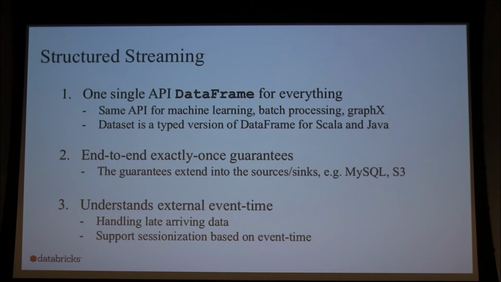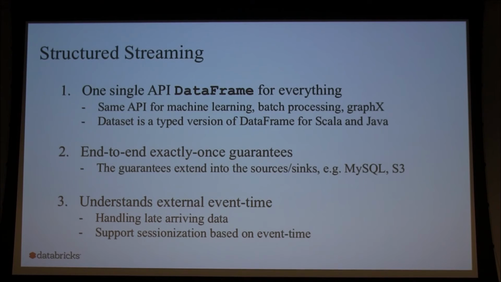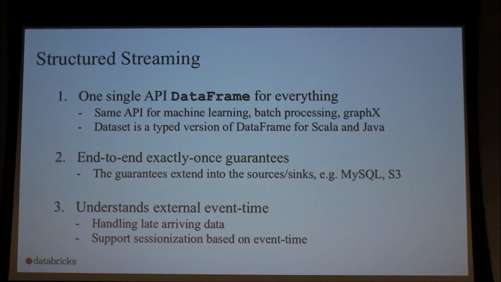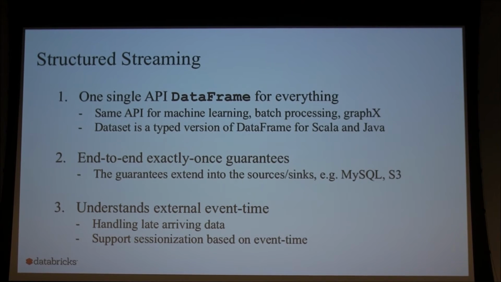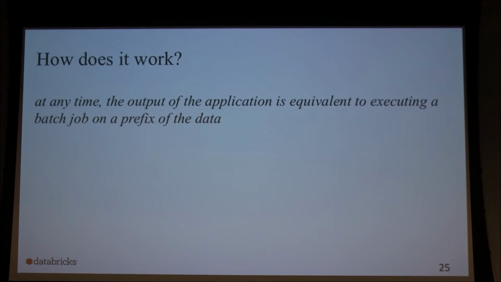And then, of course, understanding the external event times. This is something a little bit different. We'll talk about how we manage that out-of-order data, and I think it's quite interesting the way we've approached it. To your point, at any time the data is constantly changing, so what we try to do is set up paradigms that are consistent with what you're used to dealing with.